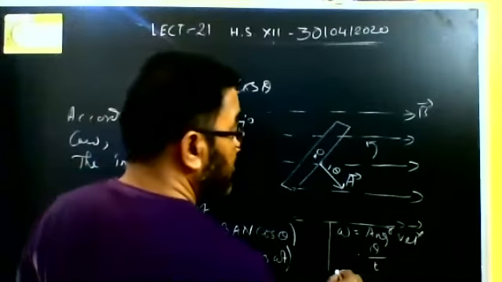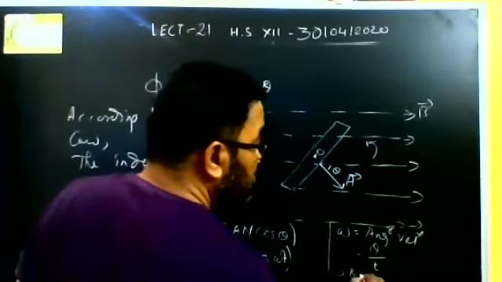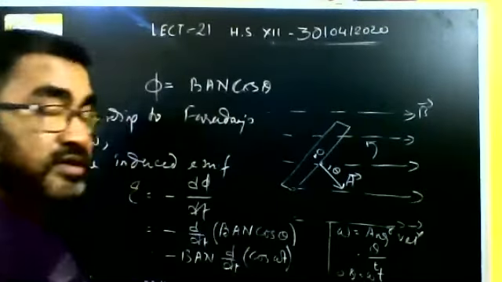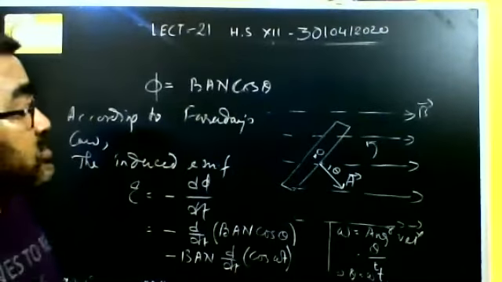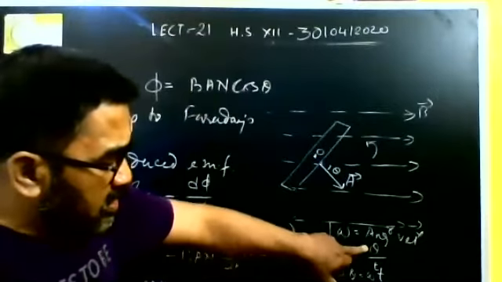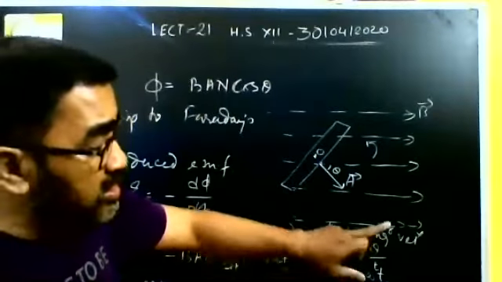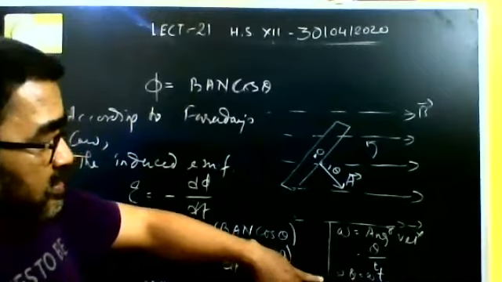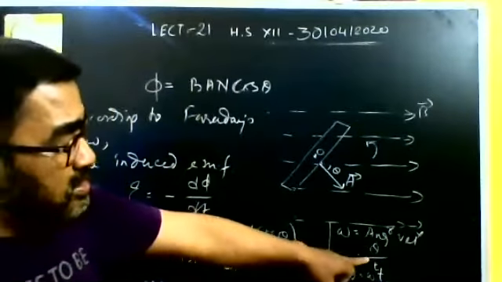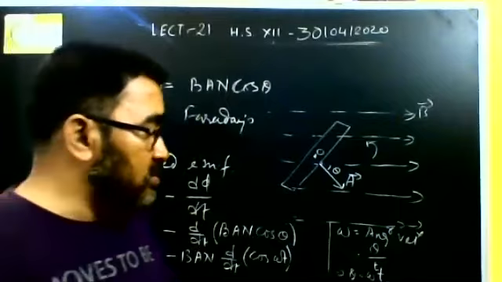So theta is equal to omega t, and in place of theta you can write omega t. It comes from the angular velocity relation. Angular velocity is given by the rate of change of angular displacement. Theta is the angle made in time t, then theta will be omega t.